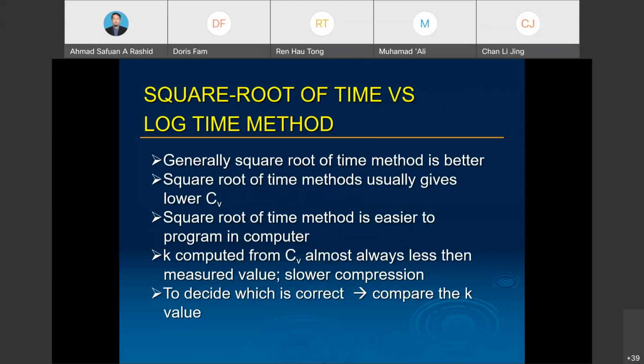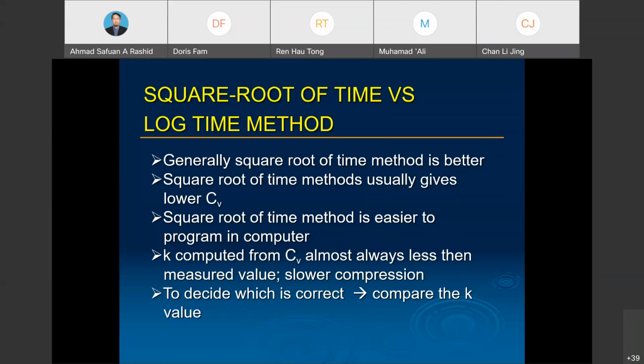Okay. So square root of time versus log time method. Generally, the square root of time method is better. Square root of time method usually gives a lower CV. As usual, in design, normally we use the lowest value to be more conservative. Square root of time method is easy to program in a computer. K computed from CV is almost always less than the measured value, slower compression.